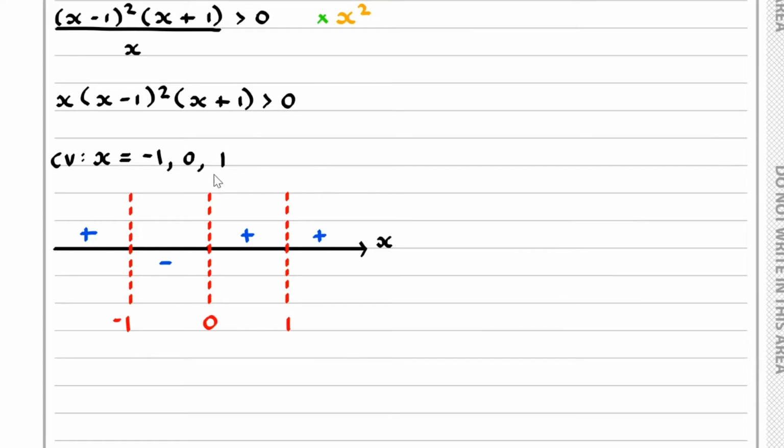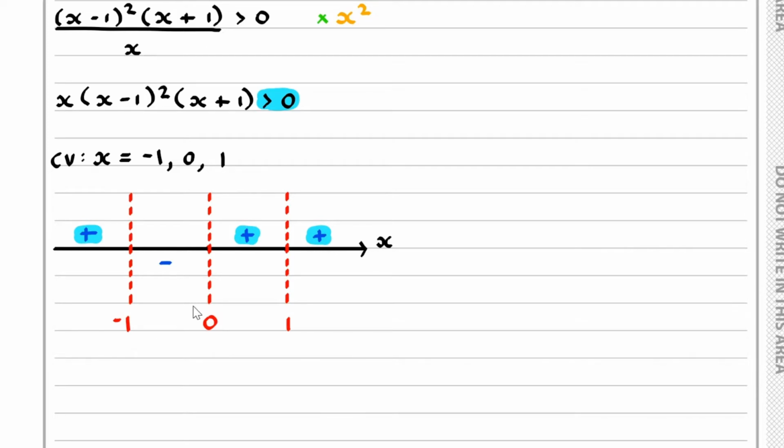Now we are looking for where the left hand side is greater than 0, and it is greater than 0 when x is less than minus 1, when x is in between 0 and 1, and when x is greater than 1.